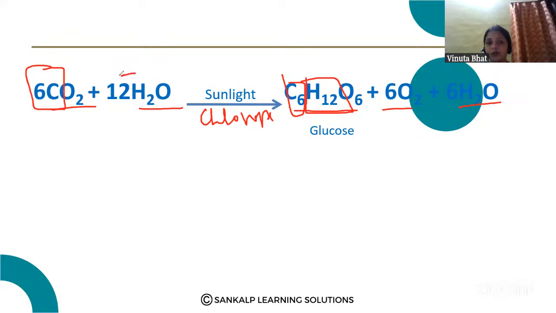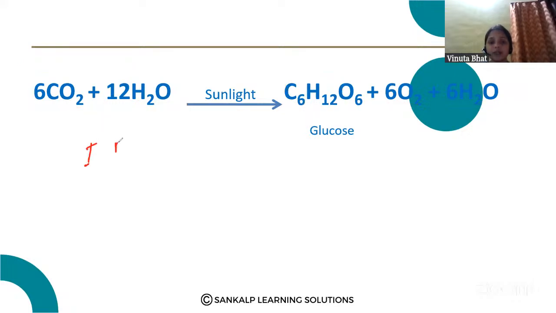Here also hydrogen is 24. And oxygen is 12 plus 12. Here also oxygen is 12 plus 6 plus 6, 24. Here also 24 oxygen. So all are balanced here. So this is the balanced chemical equation, very very important.